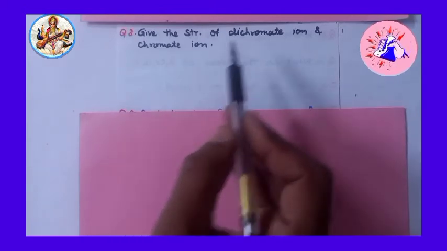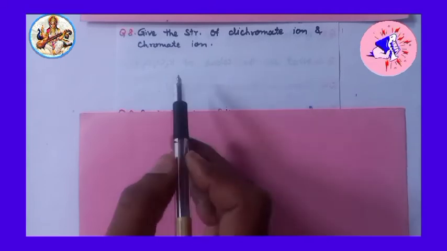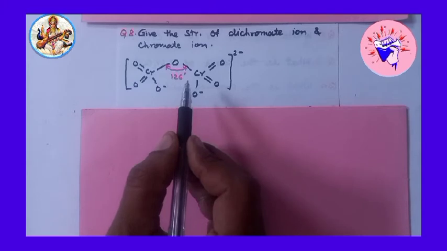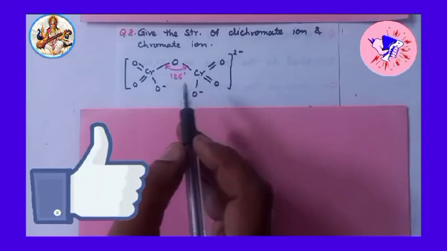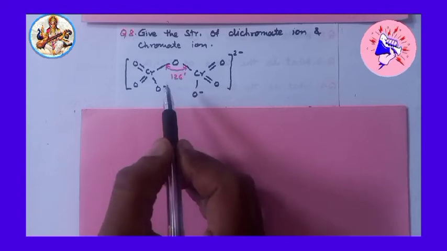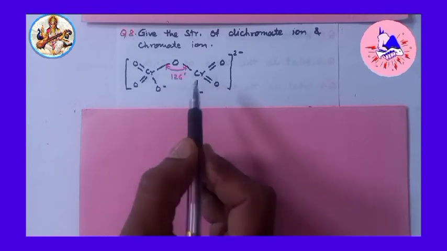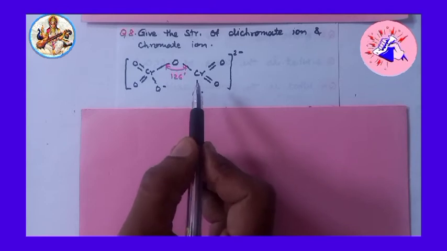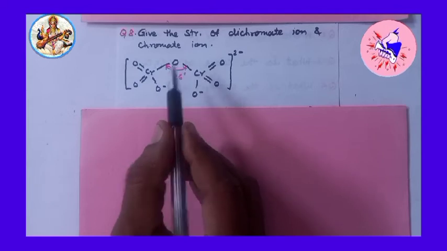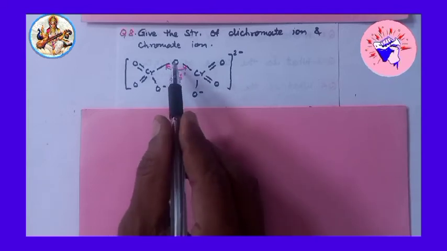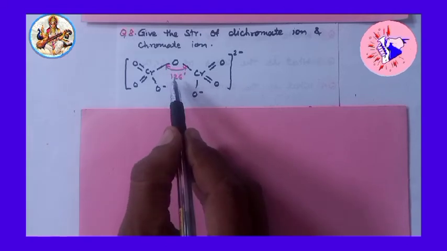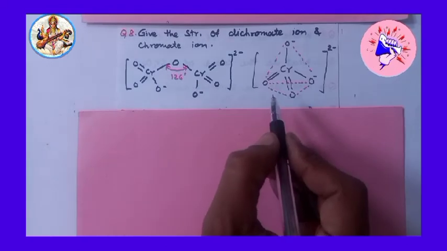Next, eighth: give the structure of dichromate ion and chromate ion. The answer will be: the structure of dichromate ion is shown in the figure. It consists of two tetrahedra sharing an oxygen atom at a corner, with a chromium-oxygen-chromium bond angle of 126 degrees.